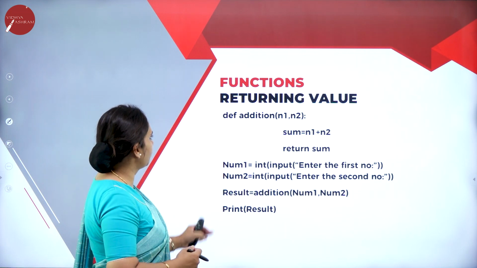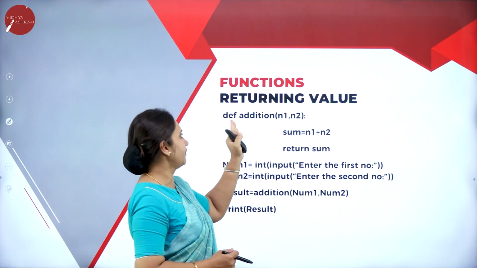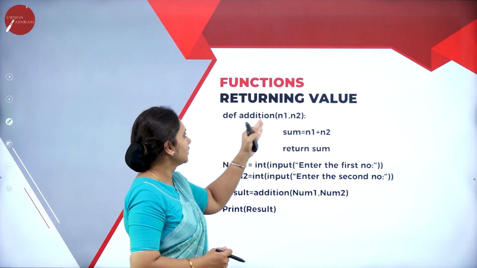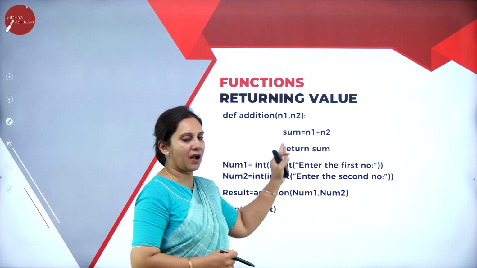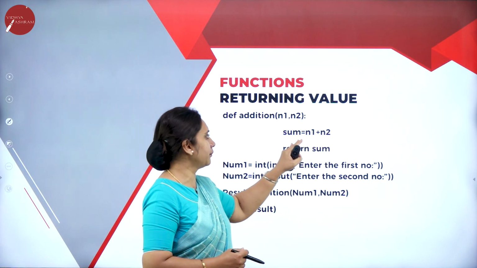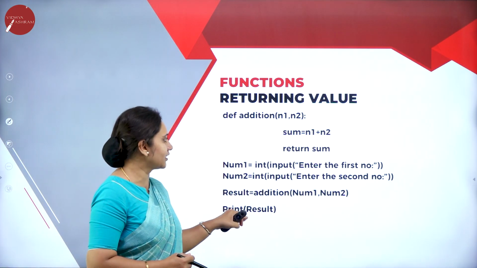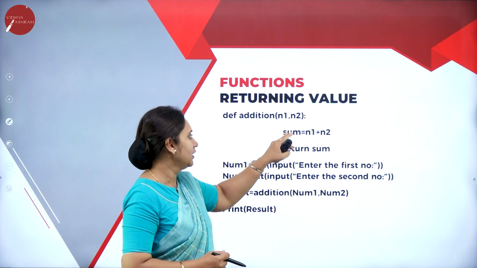Let us understand by one simple program. Def is the function keyword, as you all know, define addition with n1 comma n2. Here I am adding two numbers, n1 and n2 are the two variables I am taking, and values will be stored in them, and I'll get the result which is stored in sum.